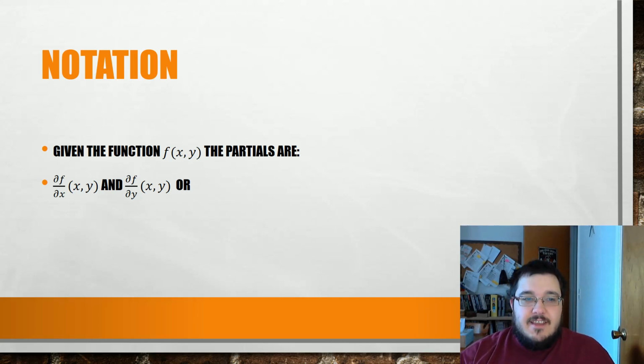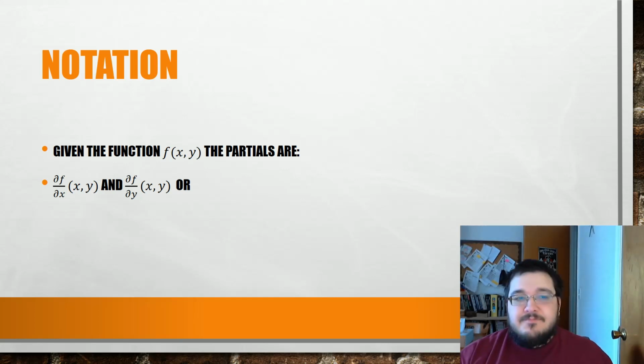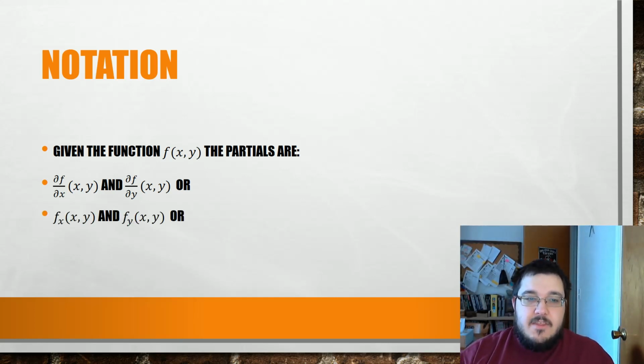You'll notice that instead of a d, it's using a del. Slight difference. Now, the other notation is you'll use f sub x. This will also mean the same thing as the del notation. So f sub x is the same thing as the partial of f with respect to x, and vice versa with y. You have to keep that in mind.